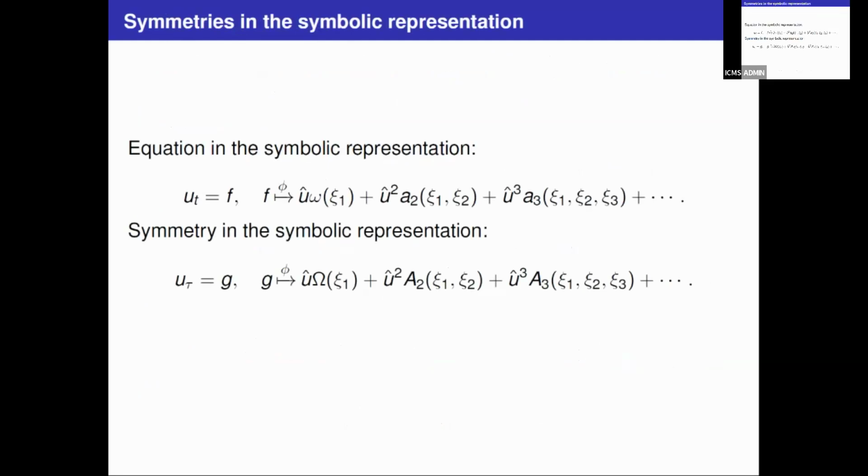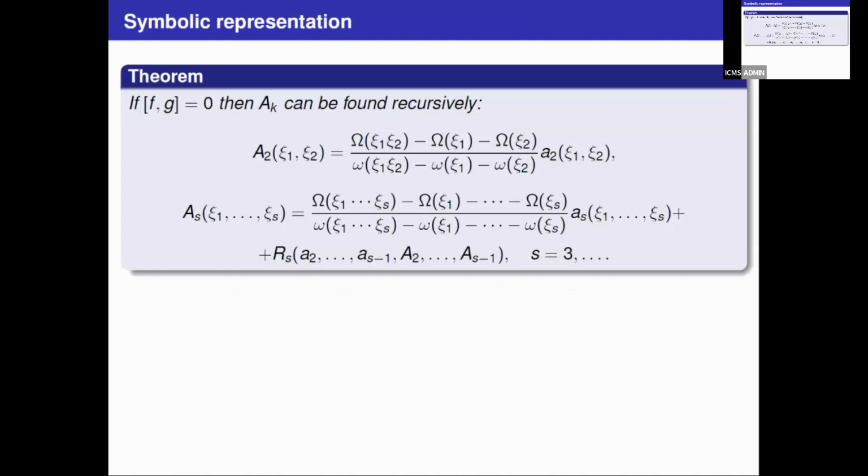So if our equation has a symbolic representation, this is a symbolic representation of the linear term, quadratic term, cubic term, then A2, A3, etc., can be found uniquely in terms of f and this omega via a formula like this.